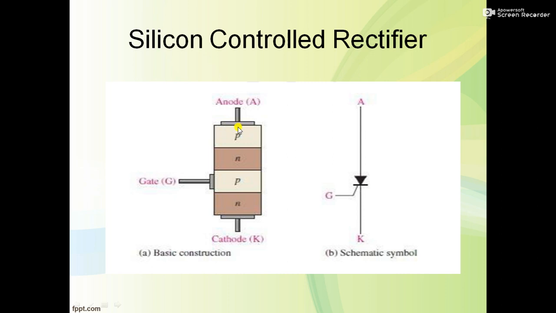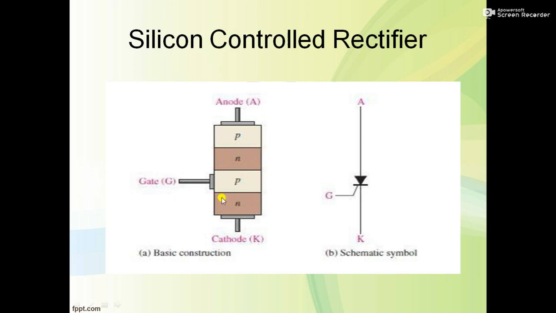In this case, the P and N layers are alternatively arranged, meaning N and P. Then the outer layers are the P and N regions. The outer layers, P layer and N layer, are heavily doped and the inner layers are lightly doped.